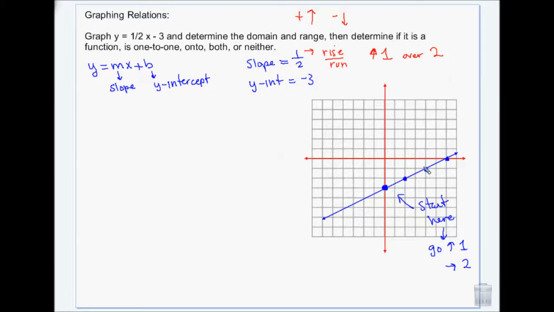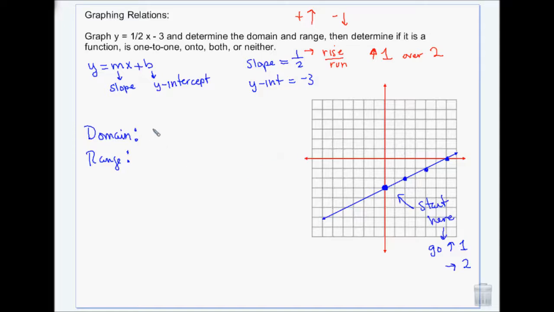All right, so now we need to tell the domain and the range. Okay. It has arrows on both ends, right? So it's going to go forever right and left. But it's also angled, so it's also going to go forever up and down. Do you guys agree? Okay.